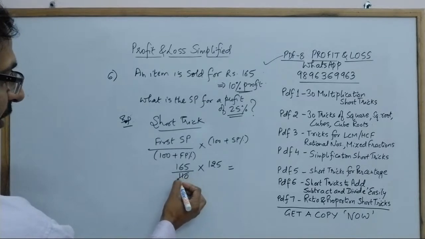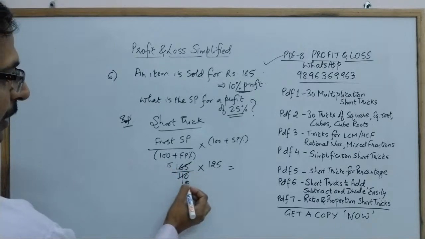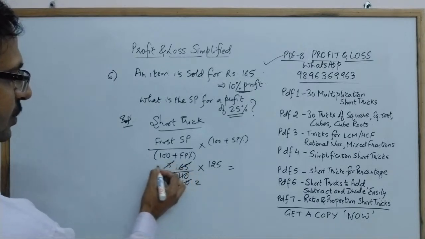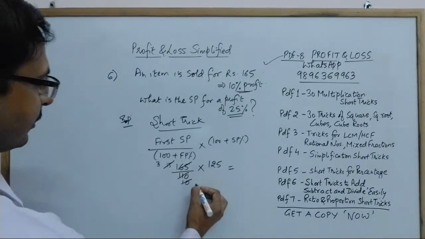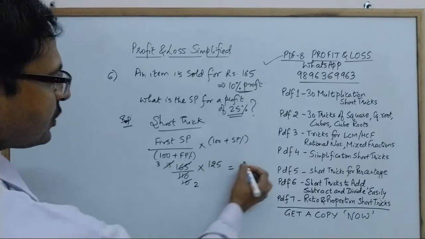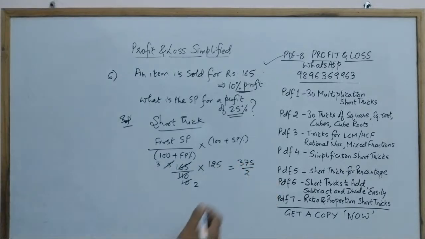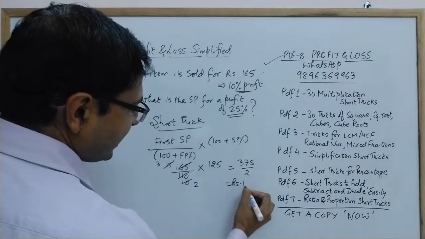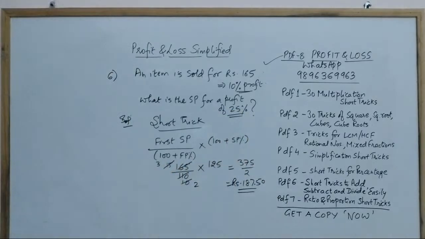So 11 goes 10 times, 11 goes 15 times, so this goes 2 times and this goes 3 times. 2 goes 2 is already there. So 125 into 3 is 375 and divided by 2, you will get your final answer for the question. 187.5 is indeed the correct answer for this one, not 150.